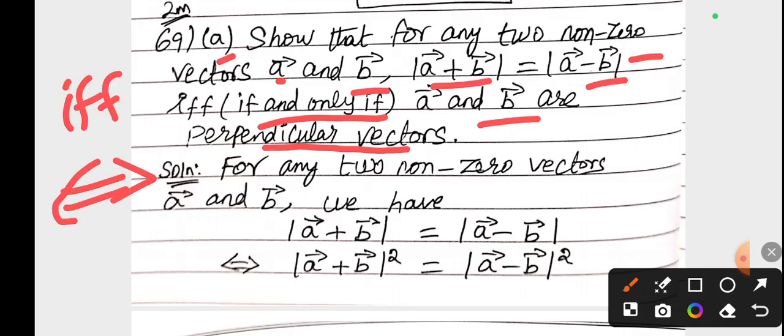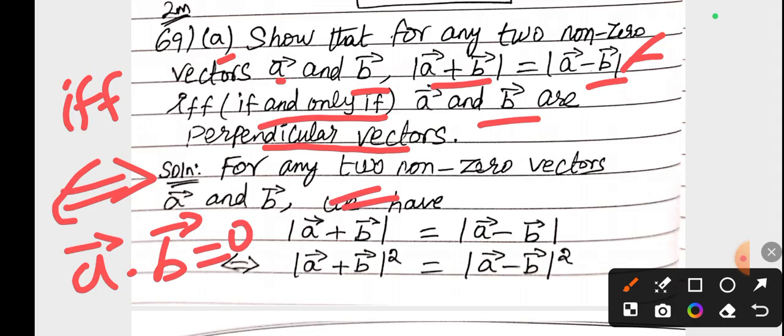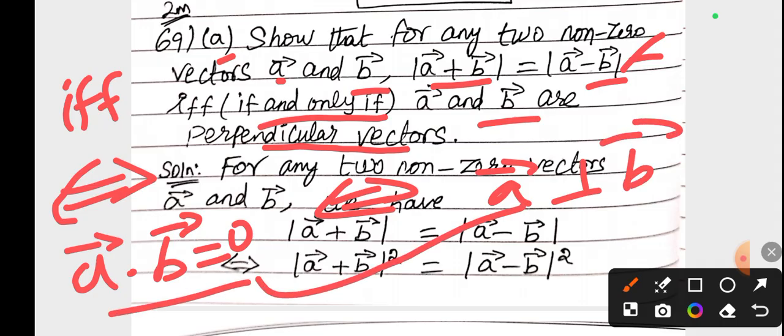What is meant by if and only if? If this condition is there, that condition is there, and the same the other way. A vector dot B vector equals 0 if and only if A vector is perpendicular to B vector. That means if A dot B is 0, they are perpendicular, and if two vectors are perpendicular, A dot B is 0.